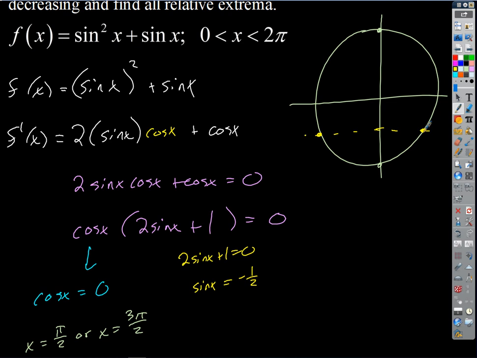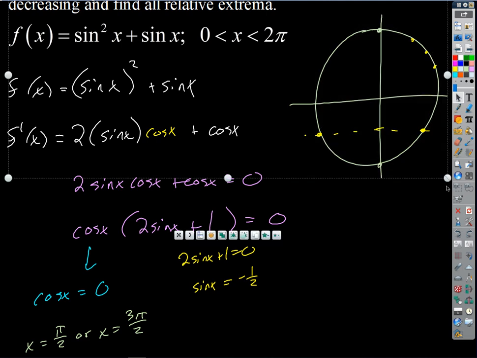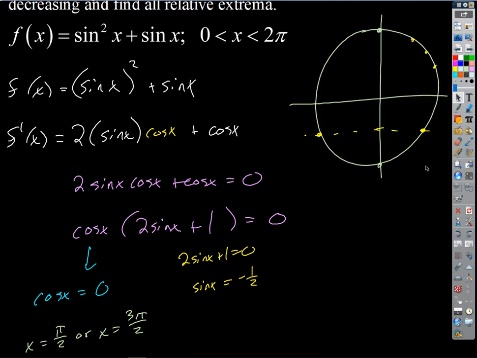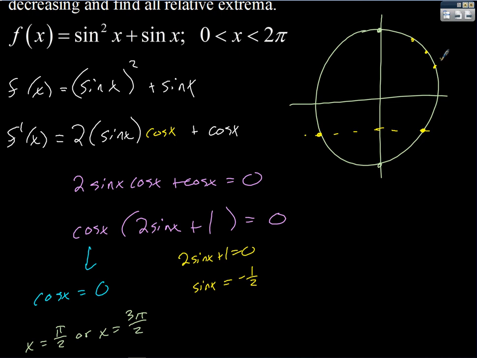What were those? Remember? 7 pi over 6. Yeah, always think about it in terms of the first quadrant, right? In the first quadrant, we've got these three special points that we always refer to. This is the one that's going to have coordinates square root 3 over 2, 1/2.